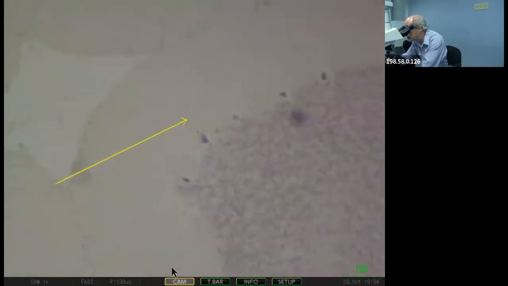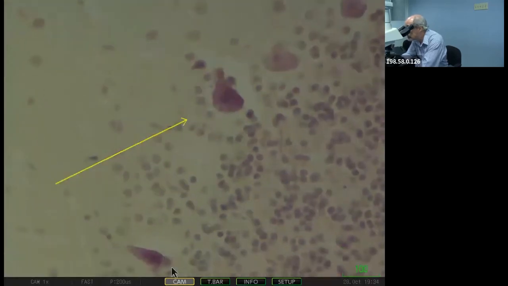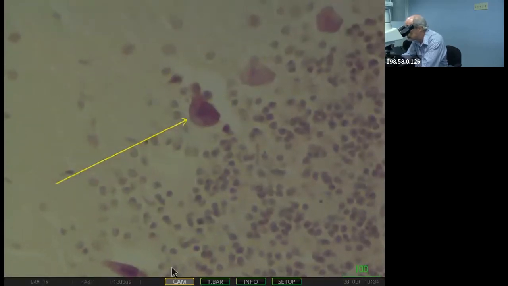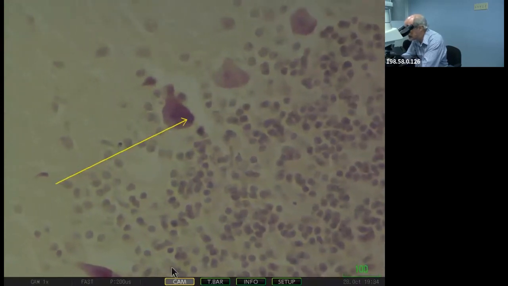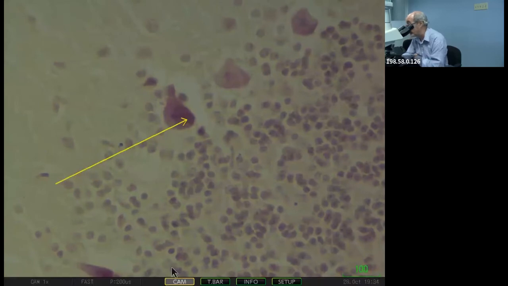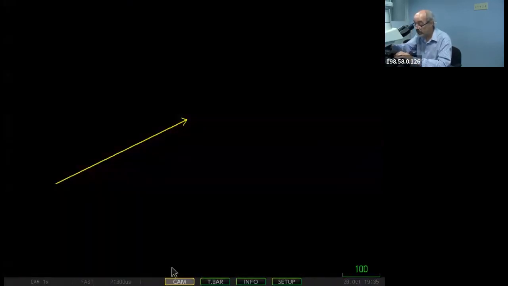Let me go to higher magnification. You see the shape is a little bit better, but still you don't see the dendritic tree very well. Okay? So there is a special staining for that.